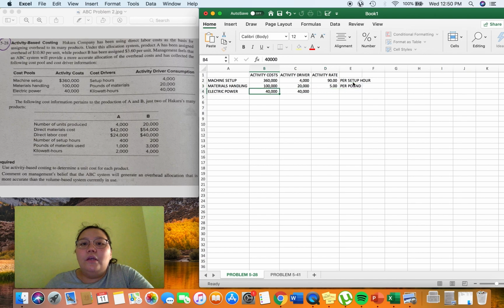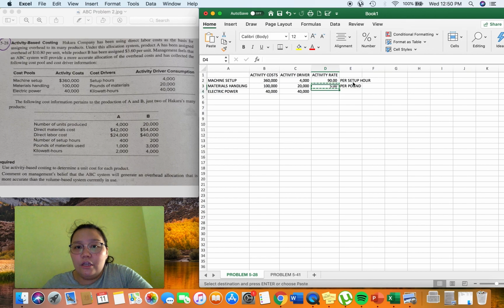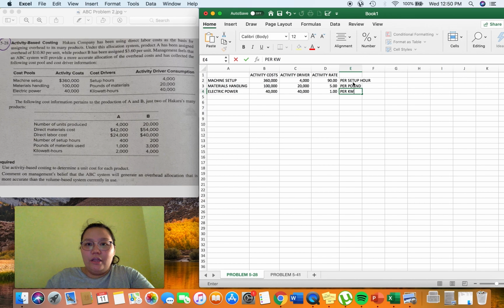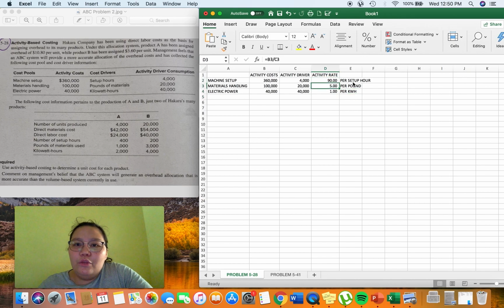And then lastly, for the electric power, we divide 40,000 electric power cost by 40,000 kilowatt hours. So we have an activity rate of 1 per kilowatt hour. Okay? So we will use this activity rate in order to allocate the overhead cost to the products.